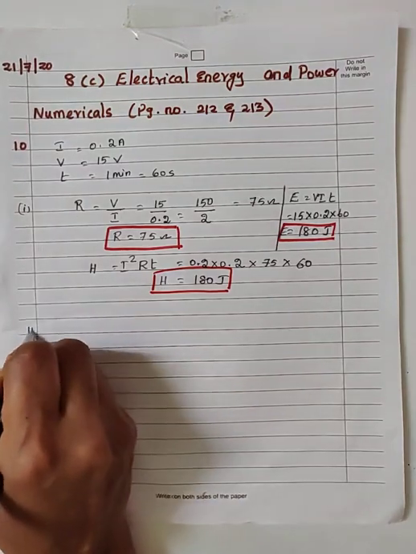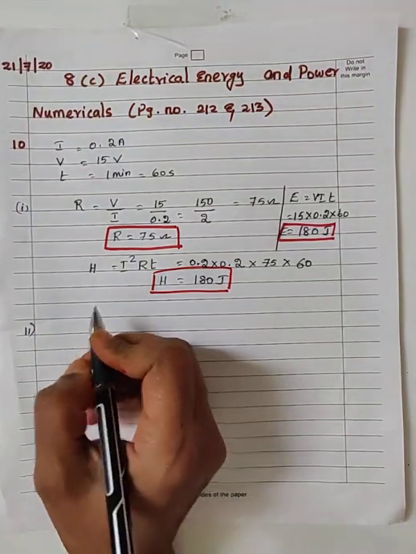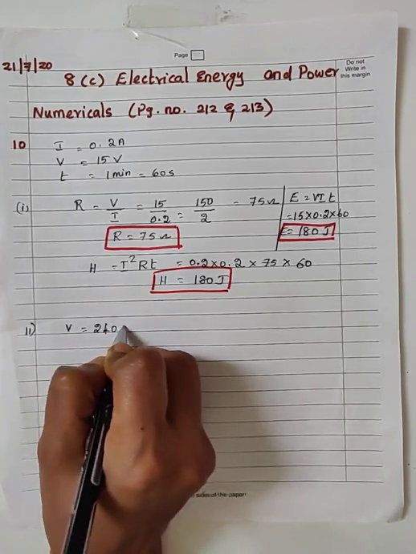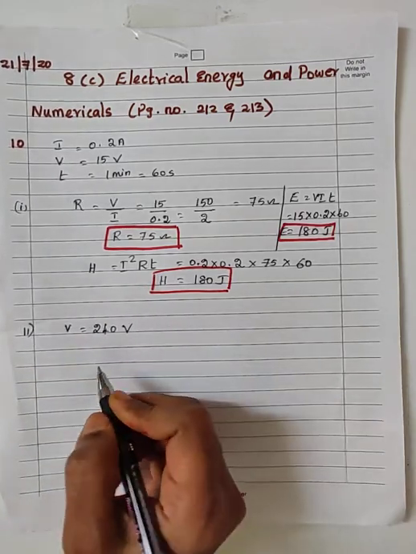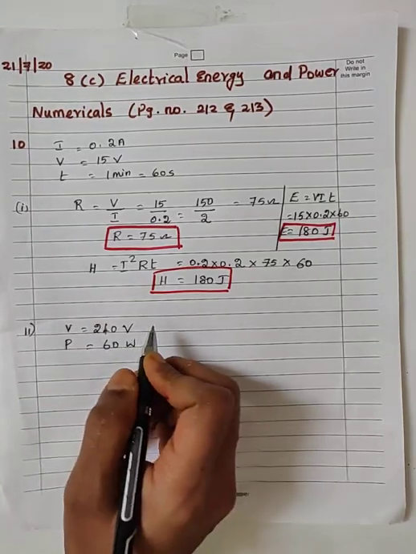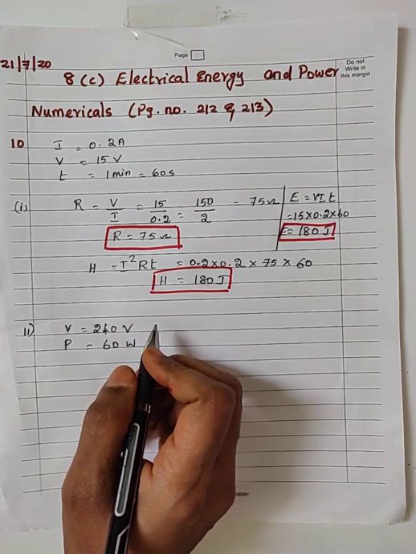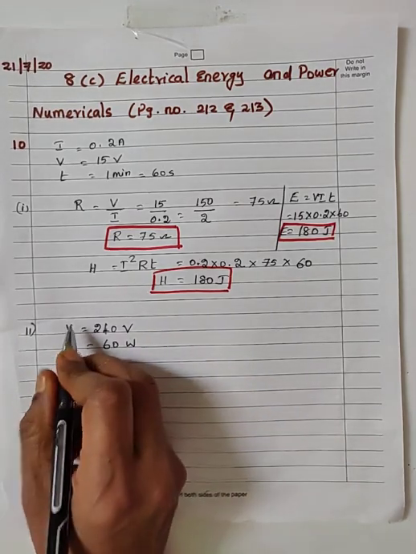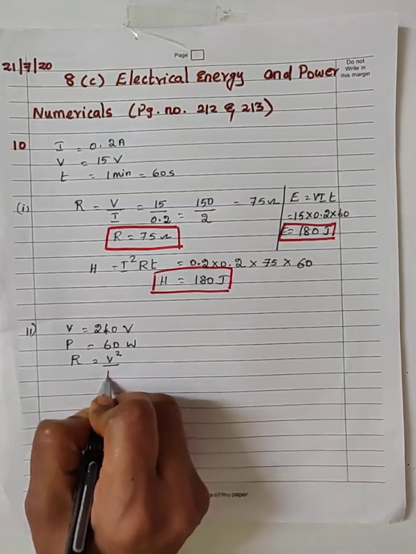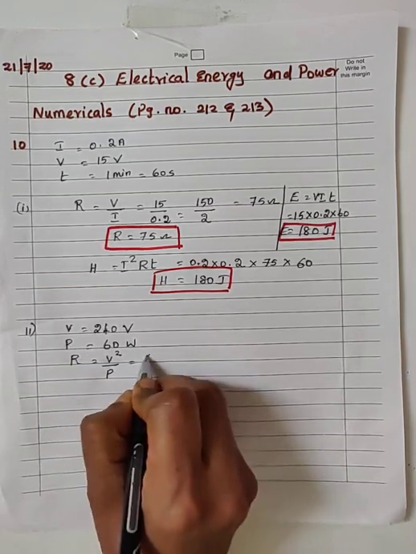In this question, that is the 11th question, the voltage is given as 240 volt. V is equal to 240 volt. Then the power is given as 60 watt. And what is the resistance? First you are asked to calculate the resistance. In terms of V and P, we can write resistance R is equal to V squared by P, where V is equal to 240.